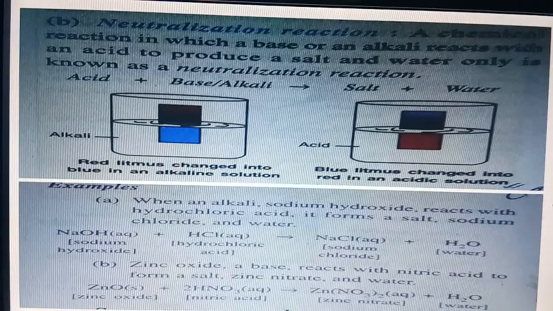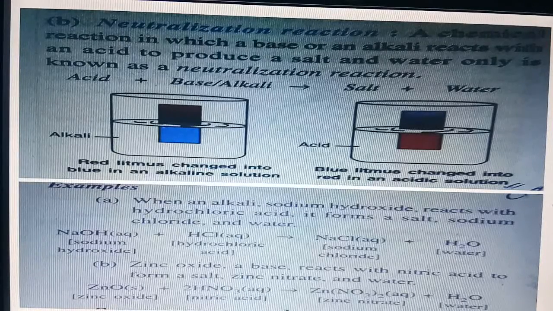So acid plus base reacts to give salt and water, and this is a neutralization reaction. Acid nullifies the effect of base and base nullifies the effect of acid.